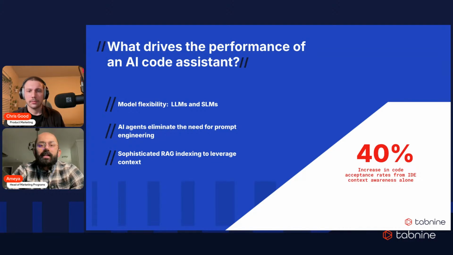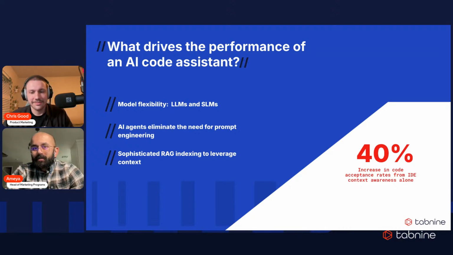Because if you've been following the LLM space recently, you might have seen that there's been a slew of third-party research that's come out. And what they're forecasting is that by about 2026, the LLM providers will have exhausted all of the publicly available training data that exists in order to improve their performance.